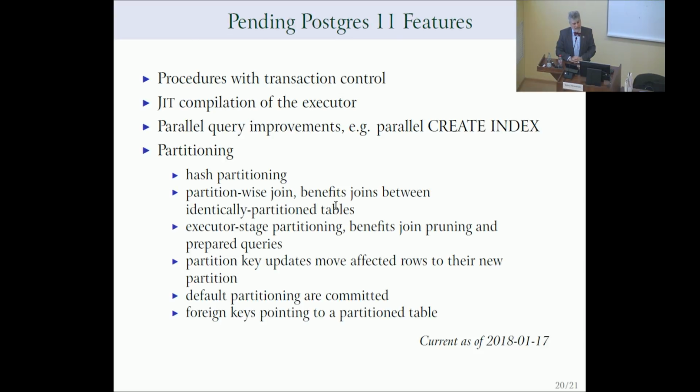Unfortunately, in the C language, when you're jumping around from function to function all the time, that can slow things down. So the idea in Postgres 11 is that we now have a just-in-time compiler, very similar to the way Java uses a JVM. And it allows you to basically take the plan that comes out of the executor and compile it to assembly language.